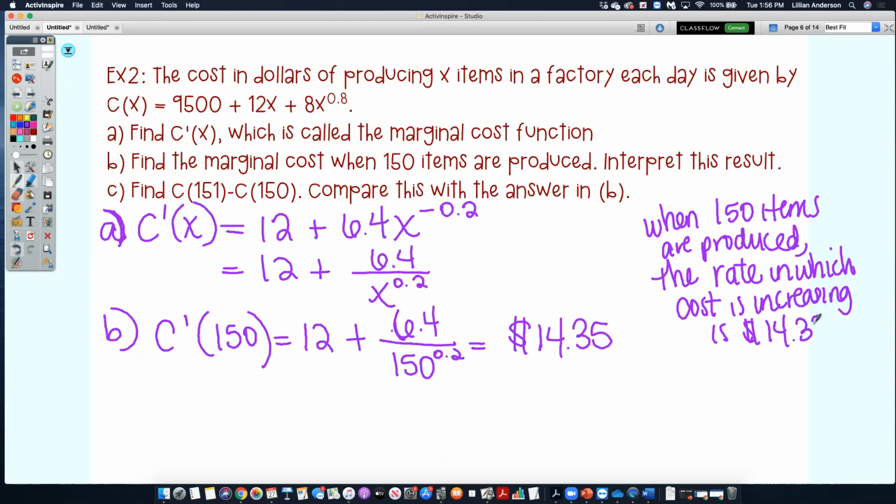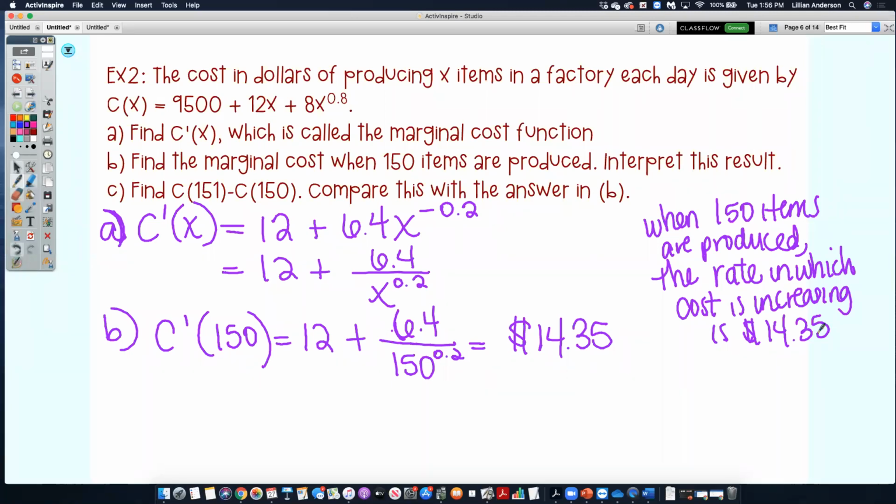So what this essentially tells you is that as you make 150 items, the amount of money it's going to cost this factory is increasing by that much per unit, okay? That's what that represents.